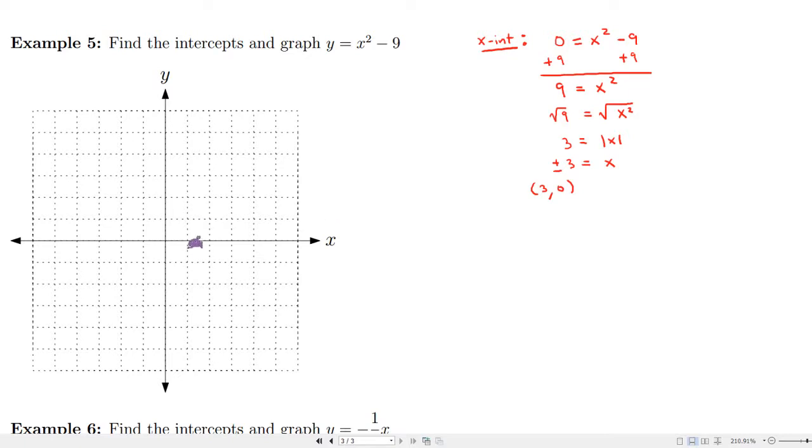So at 3, if I increment these by 1 again, we're going to have this point right here. Right? So that's our 3, 0. And then we're also going to have a -3, 0. Okay.